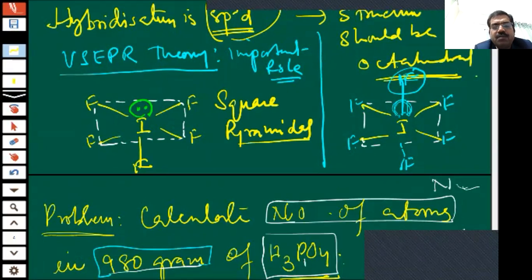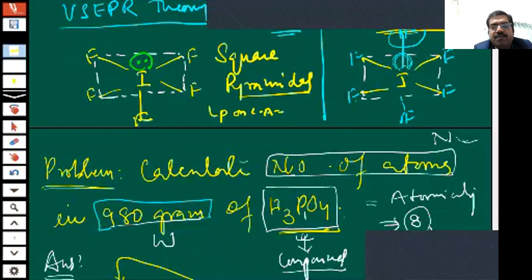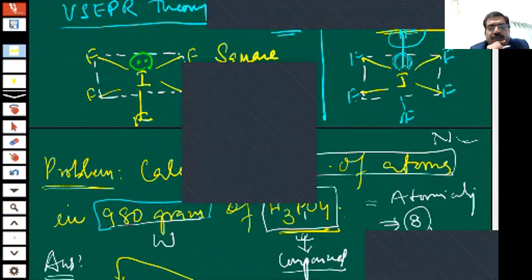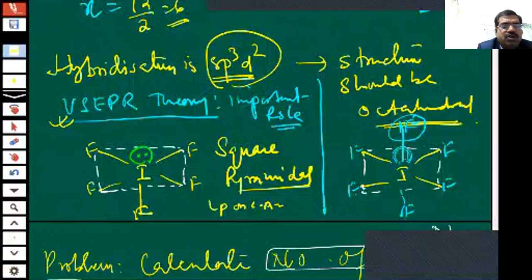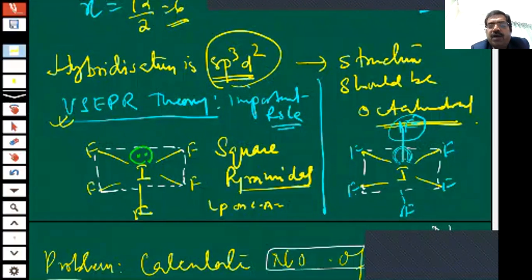How many lone pairs are present on the central atom? One. Sir, why is the lone pair not found in the equatorial position? This was given by valence shell electron pair repulsion theory. It allows a lone pair on the equatorial position also, but then the molecule becomes a little more unstable.